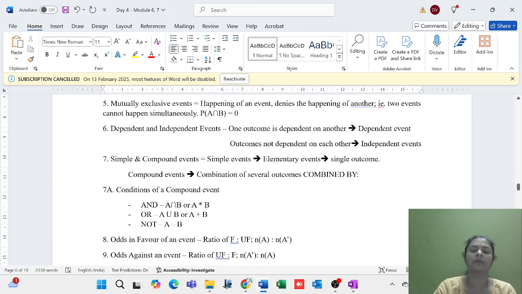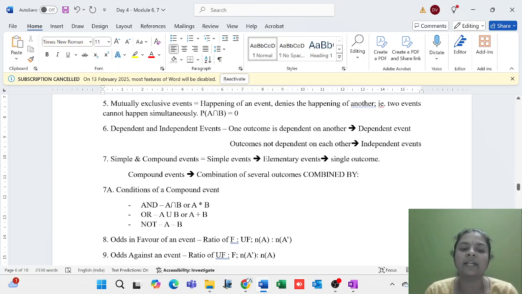Next, simple and compound events. Simple events are elementary events where there is a single outcome, whereas compound events are multiple events which are combined by the conditions and, or, not.